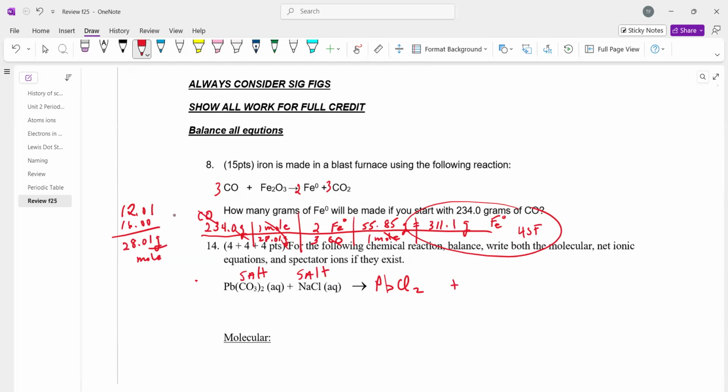And we don't know if that's a solid or not a solid yet. And then the other combination is going to be sodium cobalt. And the charge on that is -2. Okay, so look on your, let's see, take out your solubility table.